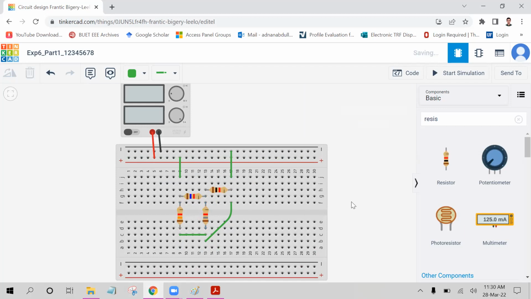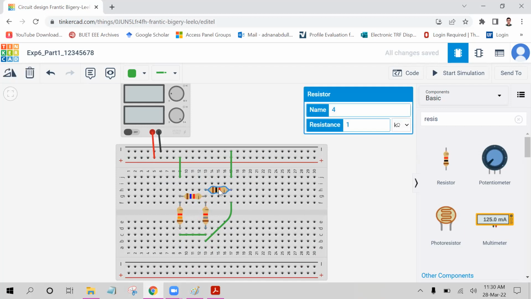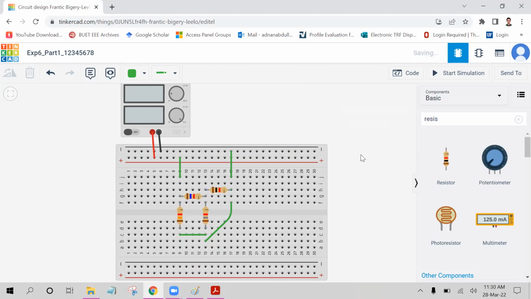So I have not said anything for RL yet. I'm just going to rename it RL, and we will put its value later. So please set the values of R1, R2, and R3. Leave the RL for now. We will come back to it.